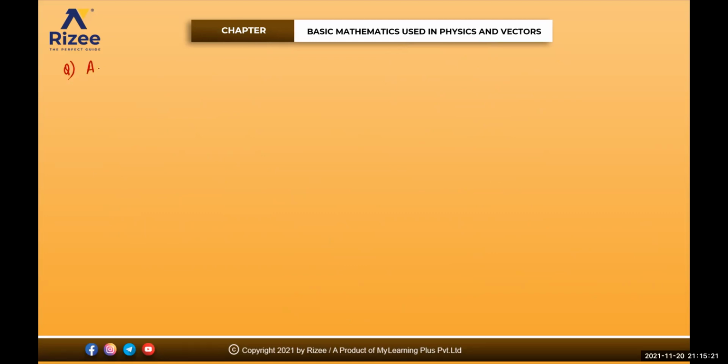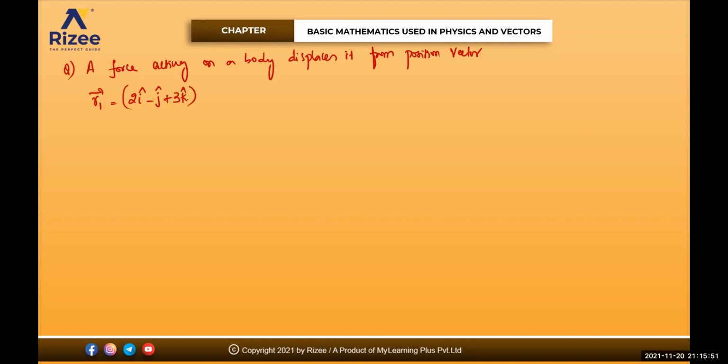See this question. A force acting on a body displaces it from position vector R1 bar equals 2 i cap minus j cap plus 3 k cap meters to R2 bar equals 5 i cap minus 2 j cap plus 4 k cap meters.